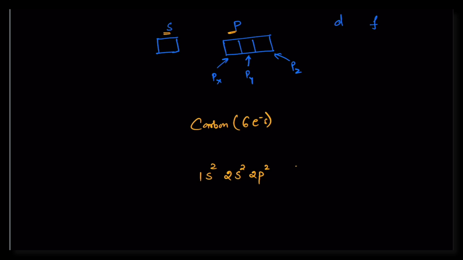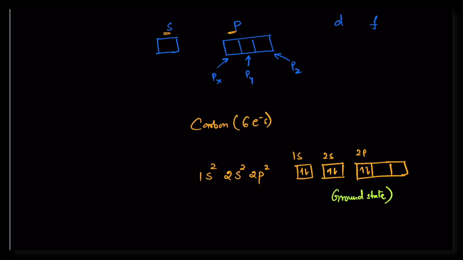If we draw the diagram for this, we have 2 electrons in the 1s subshell, then 2 more electrons in the 2s subshell, and then 2 electrons in the 2p subshell. We call this the ground state for carbon.